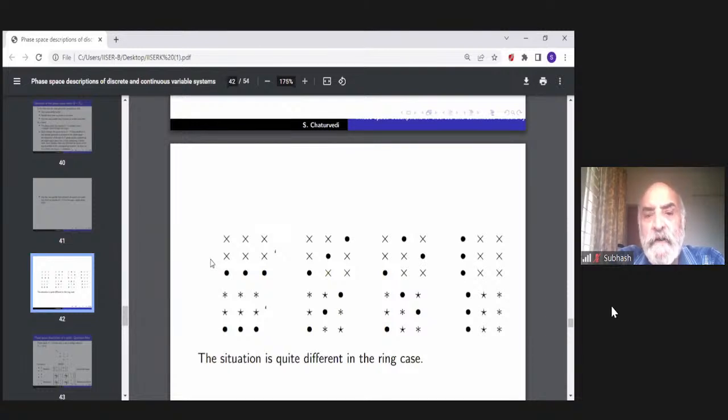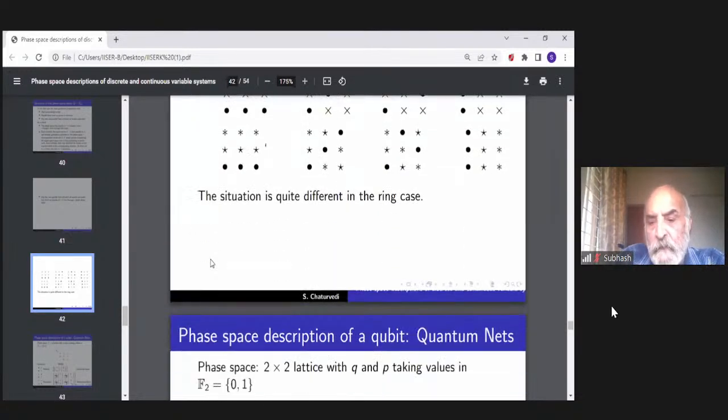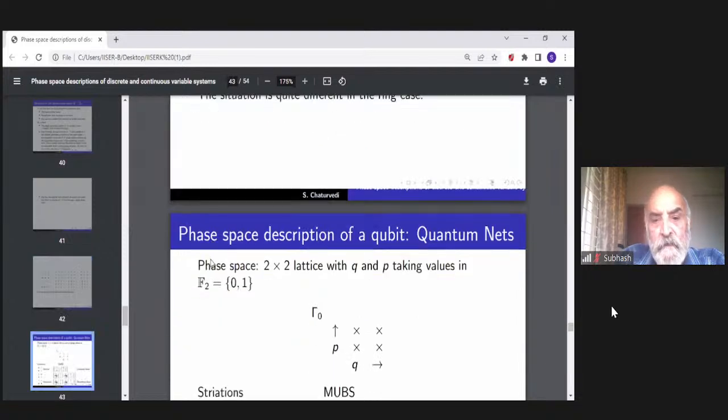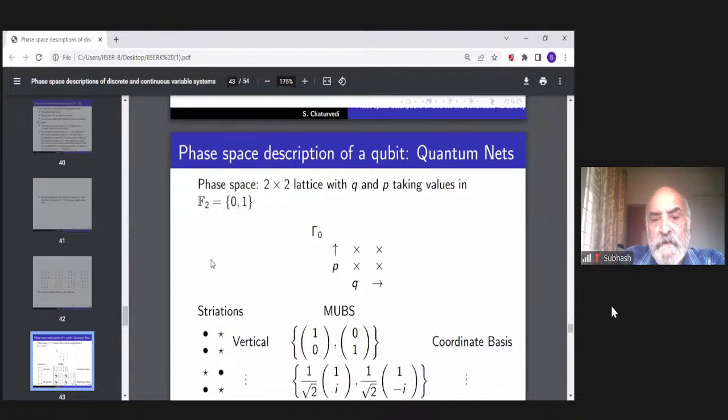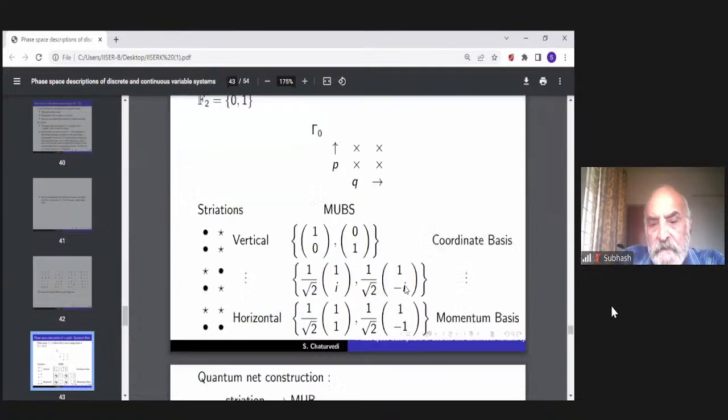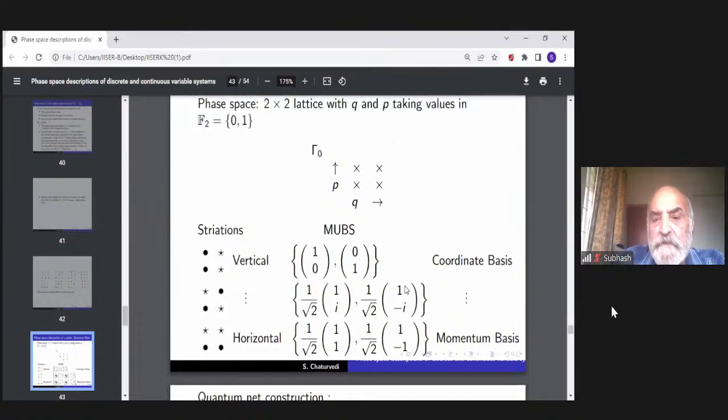Now, Wootters' work makes use of this information to associate with each striation a mutually unbiased basis. So let me indicate that in the context of a qubit, a very simple example. So this is our phase space, and this is 2-dimensional.